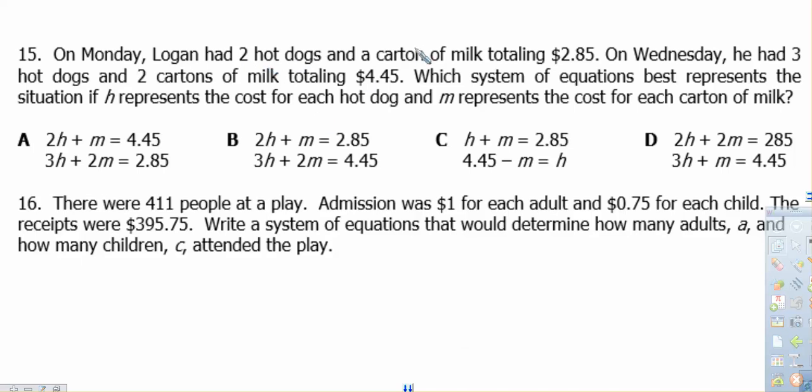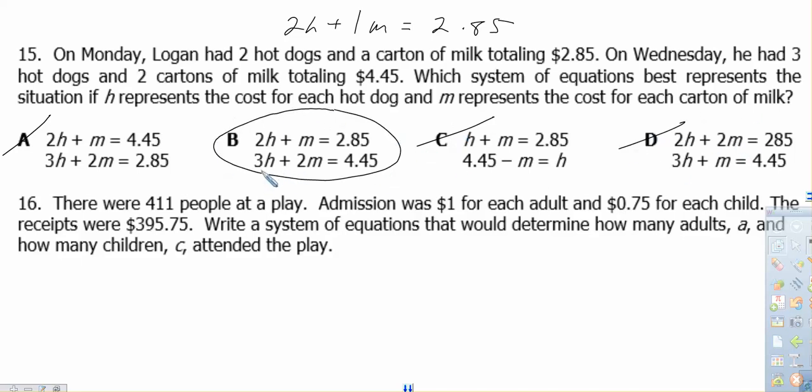So 2H plus 1M is 2.85. So let's start there. 2H plus 1M equals 2.85. 2H plus 1M, no. Answer is B, because now 3 hot dogs, 2 cartons of milk is $4.45.